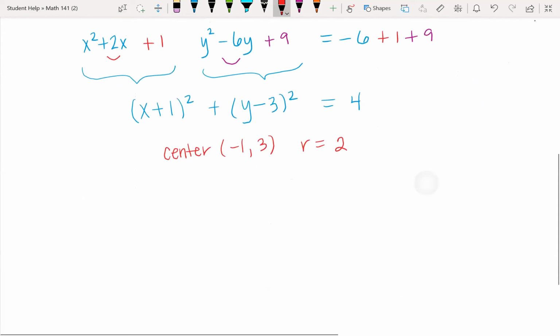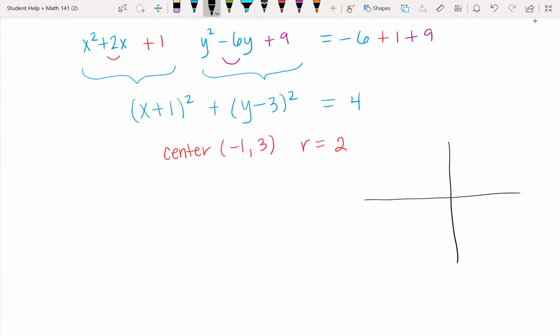So if we wanted to, we could get just a quick graph of this. The center is at -1, 3. So the center is here. And then I'm going to go out 2 in each direction, right?